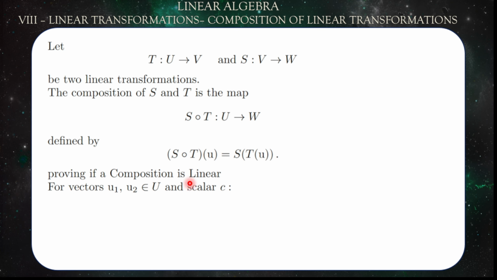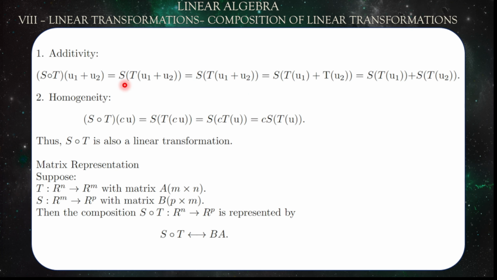So, proving the composition is linear: for vectors u1, u2 within U and scalar c, let us check the additivity if it applies. So (S∘T)(u1 plus u2) is S of T of (u1 plus u2), which is equal to S of (T u1 plus T u2), with S on the outside.